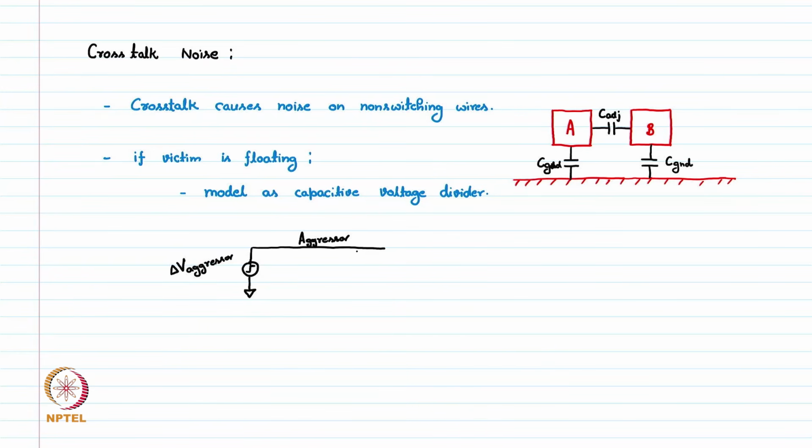This wire is coupled to the next wire, which is our victim wire, or wire B in our case.